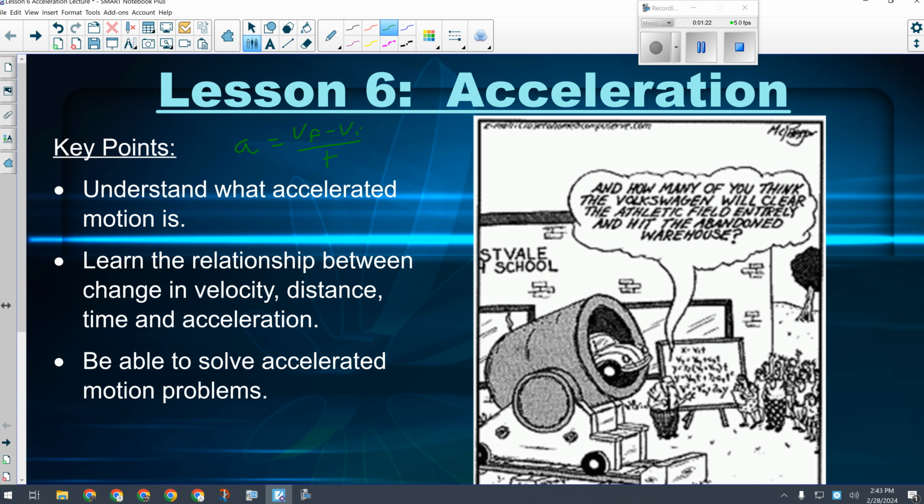The definition of acceleration, you learned that formula, you learned how to solve problems and manipulate that formula with algebra. That's all Science 10. We're going to review that today and hopefully get to some of the other formulas. There are 4 more that deal with acceleration. And we're going to use them all multiple times in this course, especially when we get to projectile motion, which is incidentally the last thing in this unit.